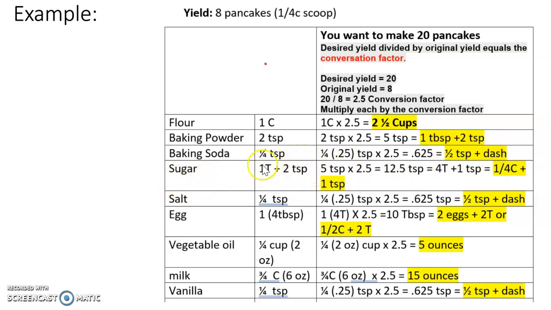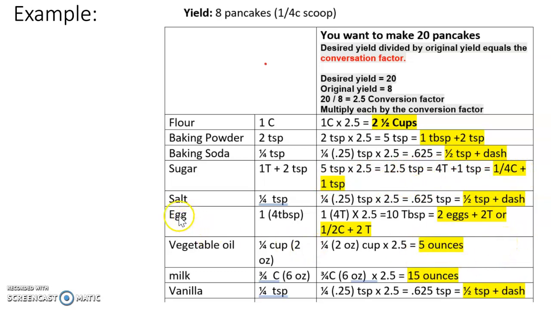So sugar, instead of doing 1 tablespoon, 2 teaspoons, I converted it all to teaspoons. Remember, 3 teaspoons in each tablespoon gets you 5 teaspoons. Again, trying to work with as even numbers as possible. So this is the big example.